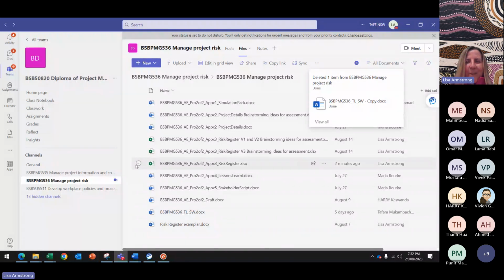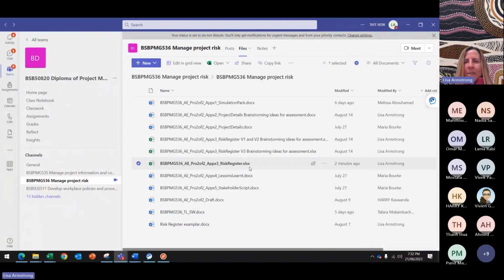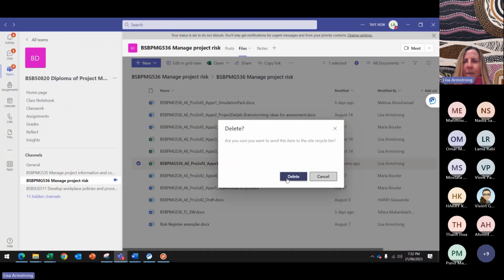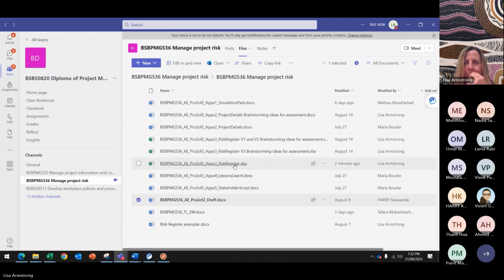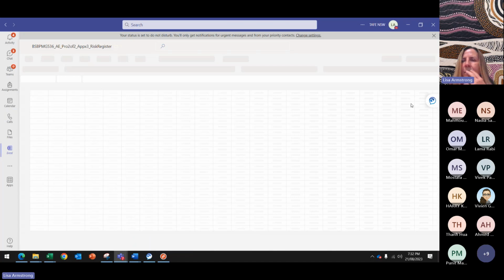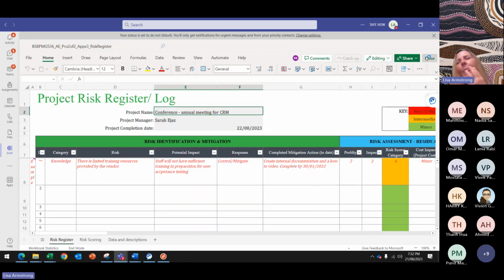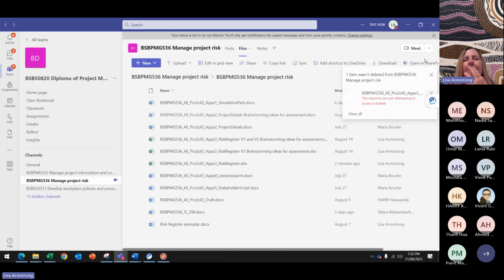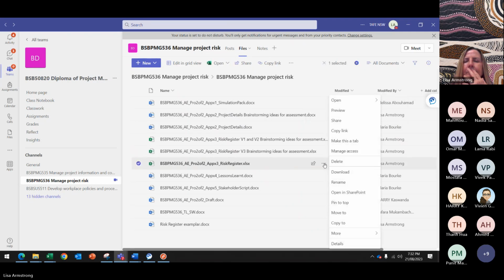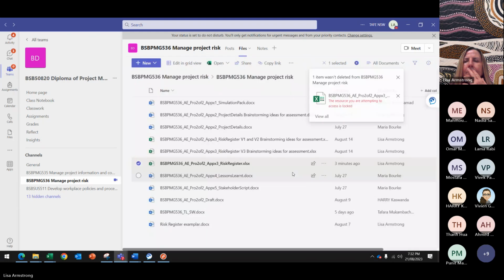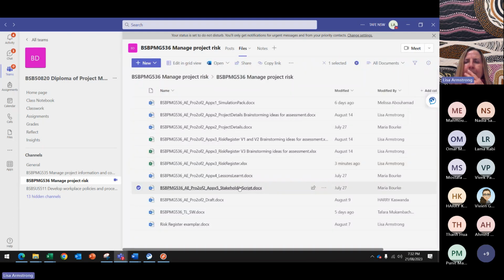No, it's all good. It's a good point because we should make sure you do download your file. Why won't that delete? Let me go into it. Is it closed? Maybe someone's still got it open. Maybe it's not going to let me.